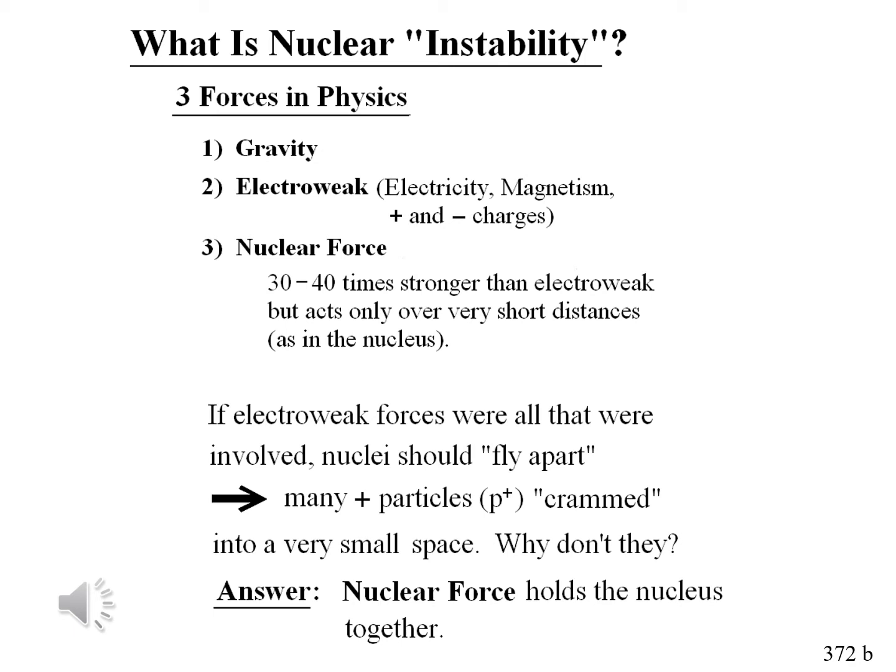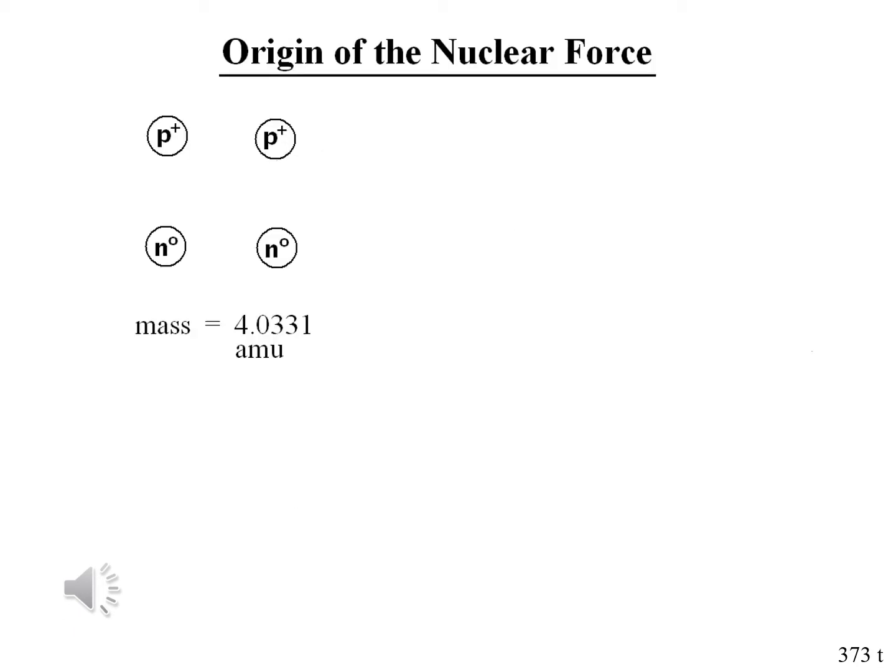The question is, how can you explain what the nuclear force is? This is one way to look at it. A physicist tells us that if you weigh two protons and two neutrons separately from each other, the total mass is going to be 4.0331 atomic mass units.